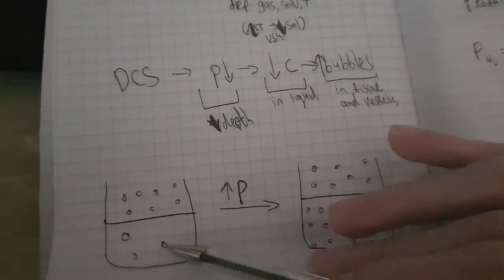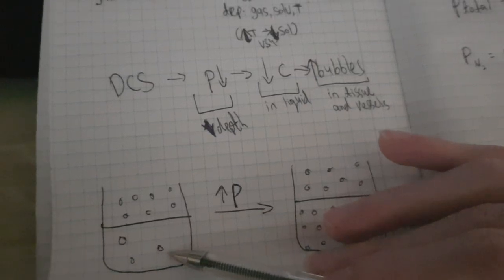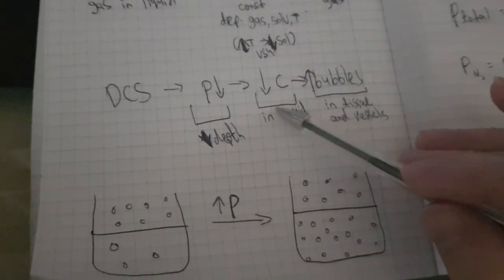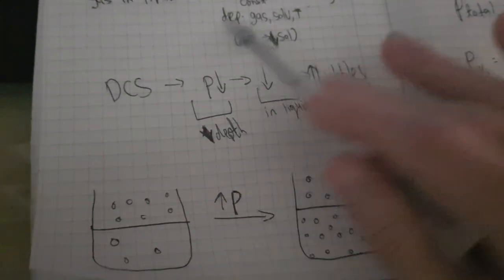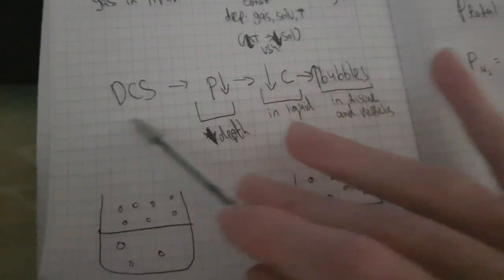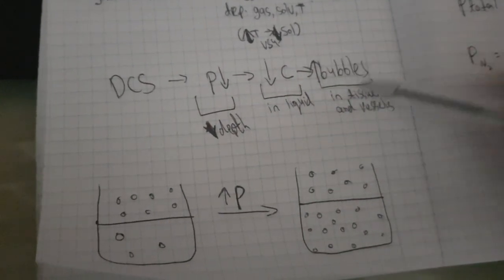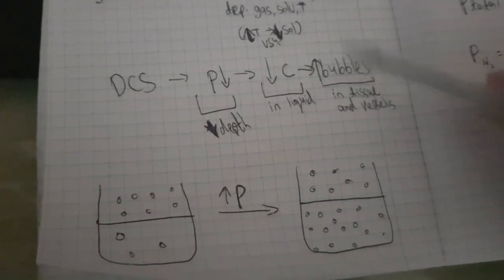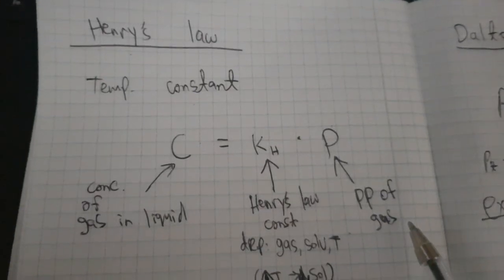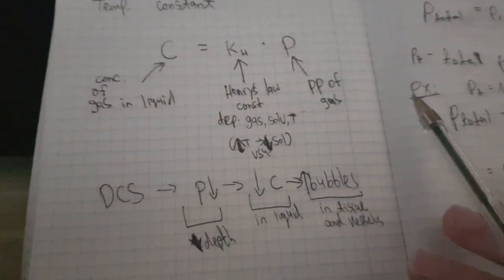And according to Henry's law, the concentration of the gas, the nitrogen, inside the body liquid also decreases. And it creates bubbles. And those bubbles cause the decompression sickness. They can be in tissues, in blood vessels, and cause complications. This is how Henry's law helps us understand decompression sickness in divers.